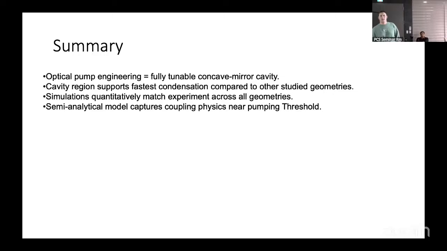Simulations quantitatively match the experiment, and the semi-analytical model also captures the coupling physics between the two condensate states. So the message of this work is quite simple, and we are going to publish it somewhere. Okay, that's all I wanted to show you today.